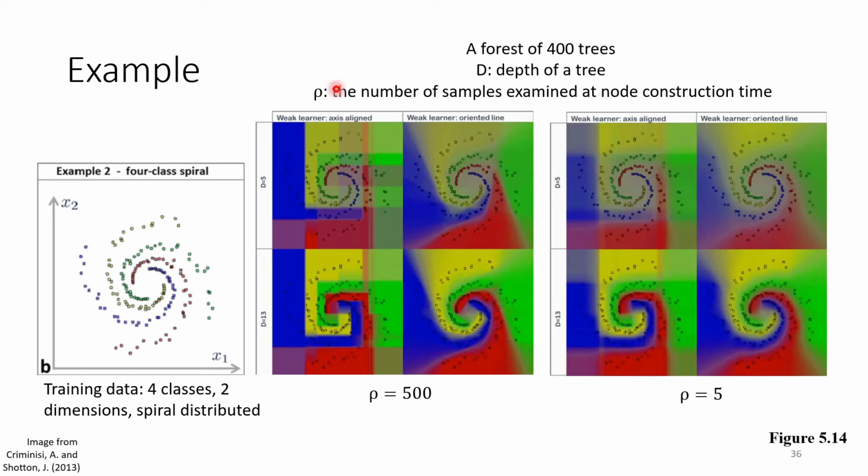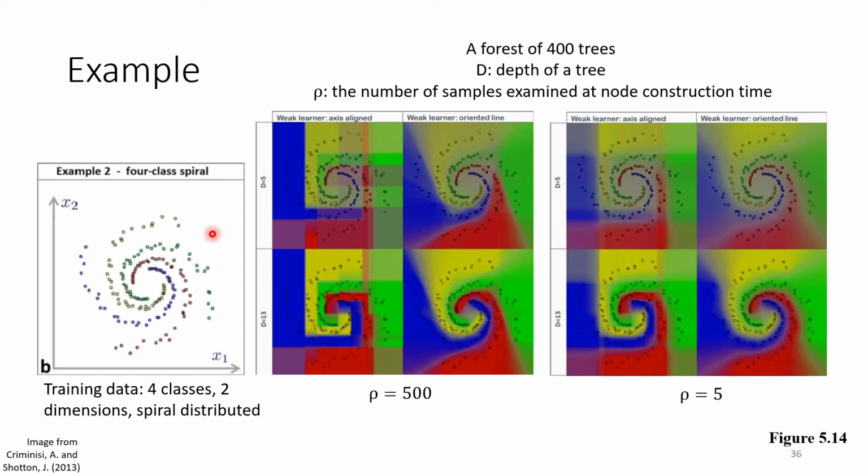Given this example, this is a very widely used toy example. It's a very famous example: a spiral pattern with 4 different classes.